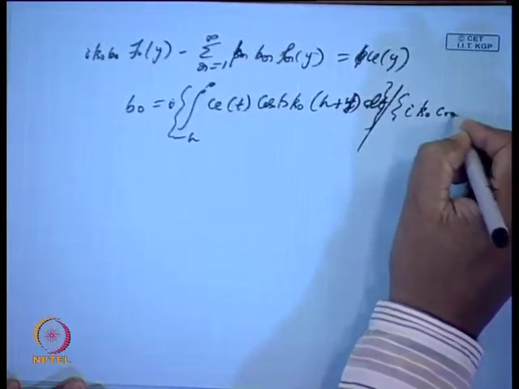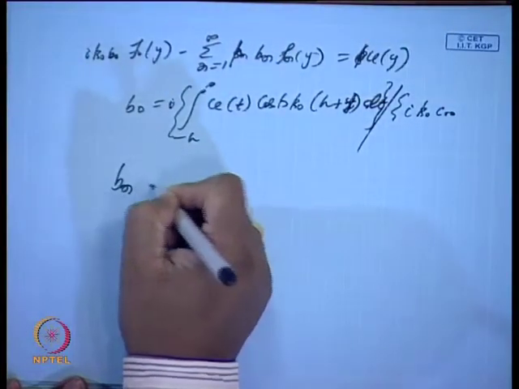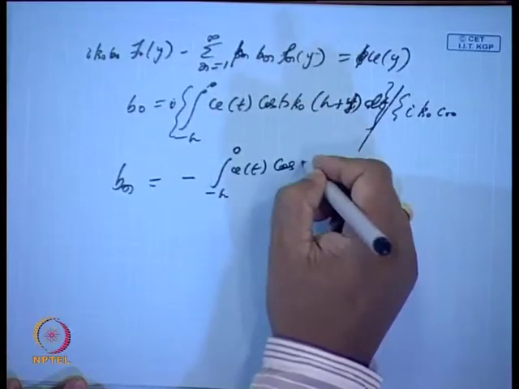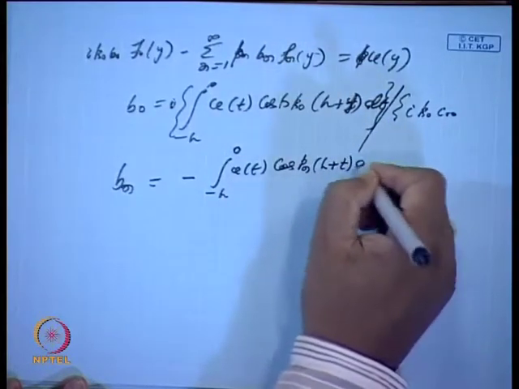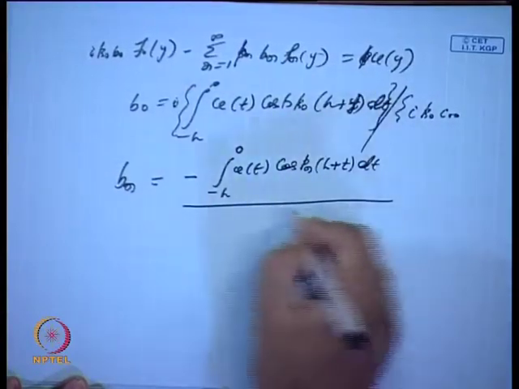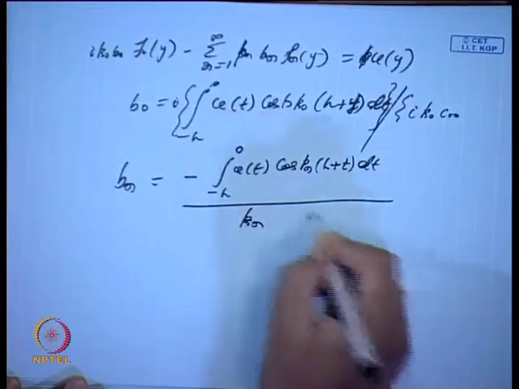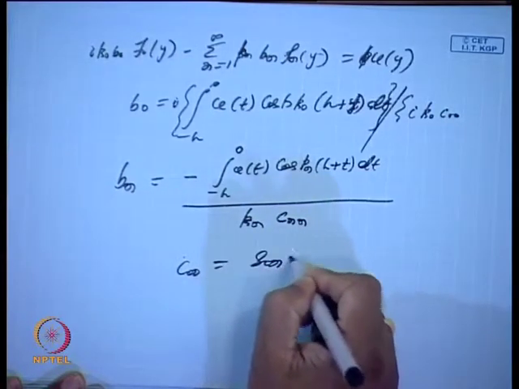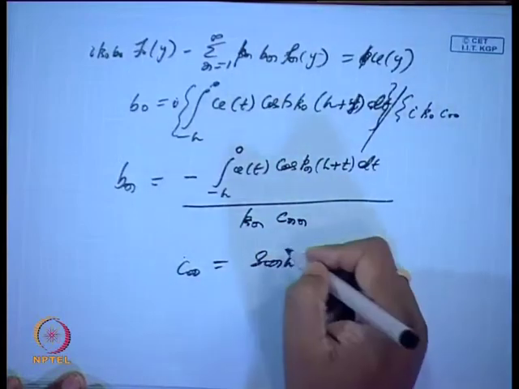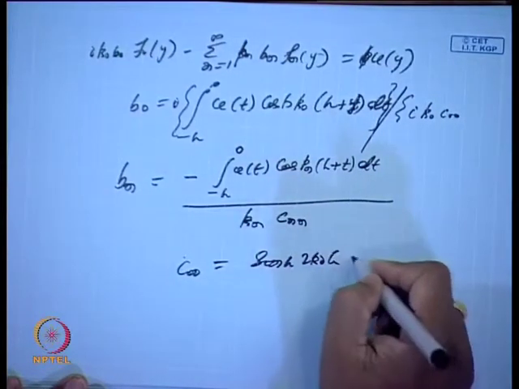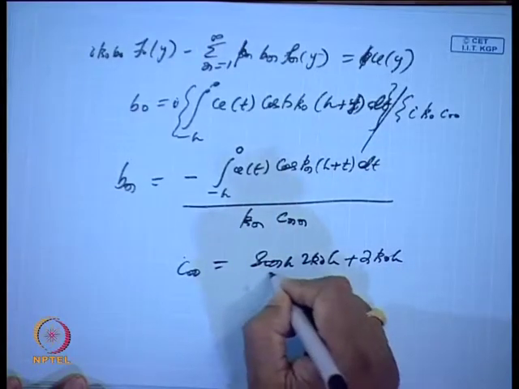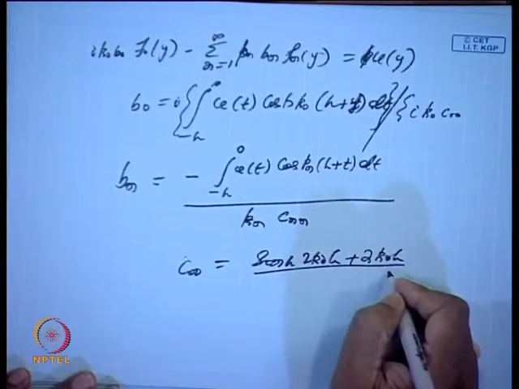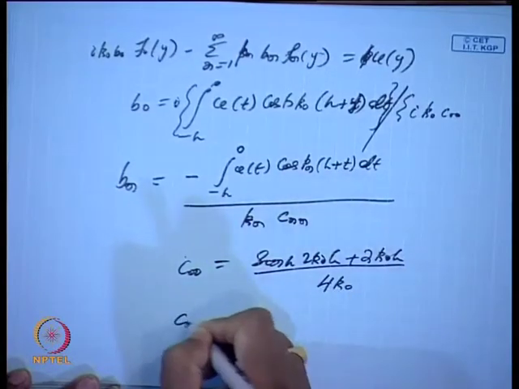I call it C_00, and again b_n will be minus the integral from minus s to 0 of u(t) cos k_n (s plus t) dt, divided by k_n C_nn. Here C_00 is, I call it, sinh 2 k_0 h plus 2 k_0 h by 4 k_0, and C_nn similarly.